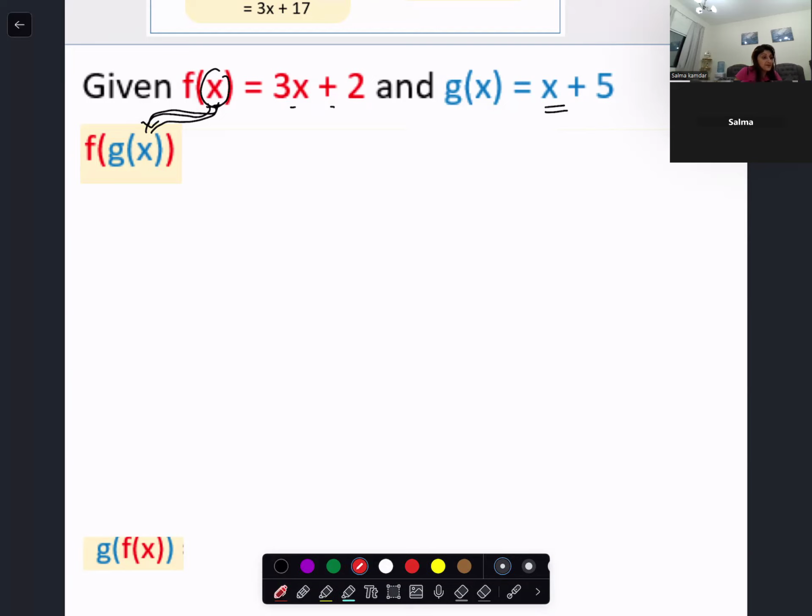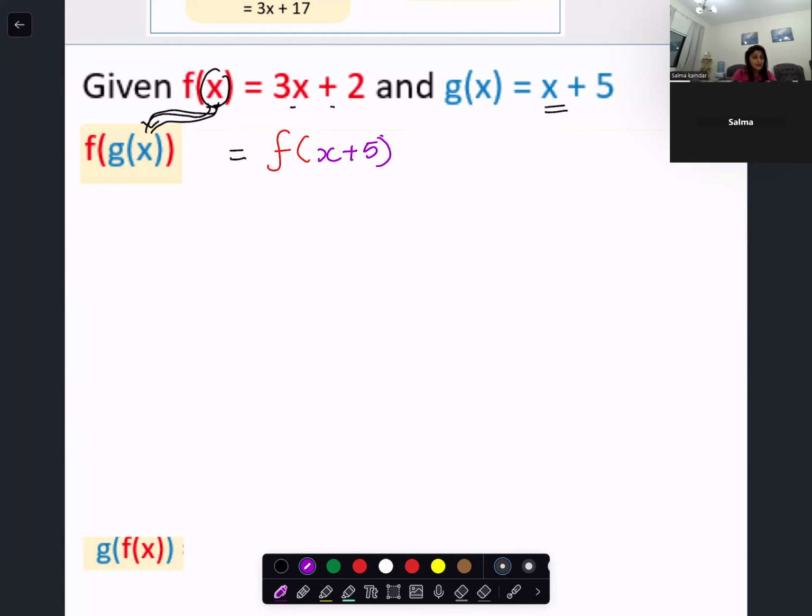So in place of x, if I'm replacing g of x, this is going to be equal to f of, what is my g of x? x plus 5. I will write it in the same color as g. f of x plus 5. So instead of x, I wrote the entire function g of x.